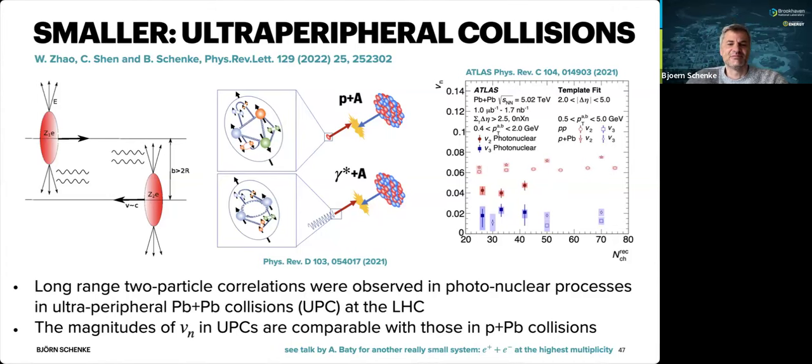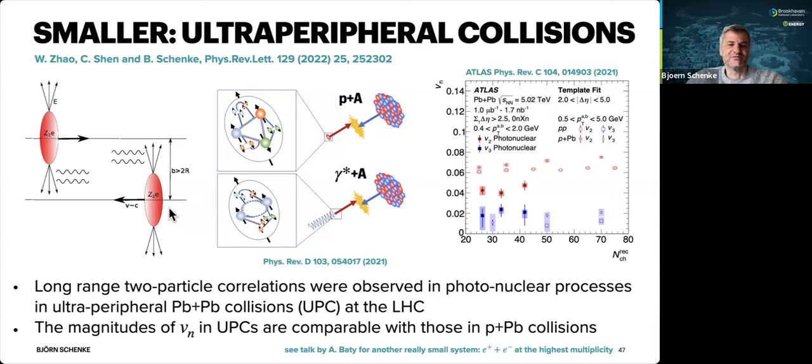I just wanted to mention that you can even look at ultraperipheral collisions. That's been done at the LHC, where you look at collisions where the lead ions actually pass one another. So you have a photon colliding with a nucleus, so you only have the photon field of one interacting with the other nucleus.